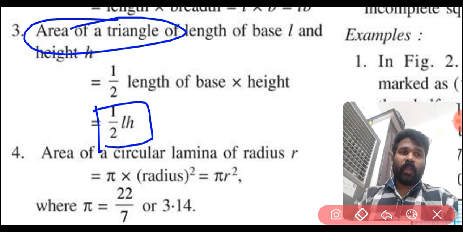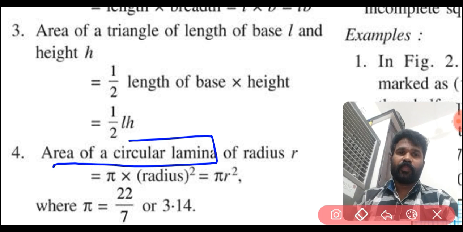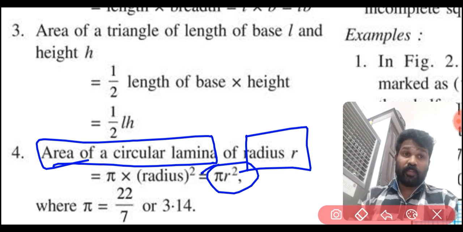Now we are going to discuss how to find the area of a circular lamina. To find the area of a circular lamina, we will use the equation pi r square, where r means radius. Pi into radius square, or pi r square.